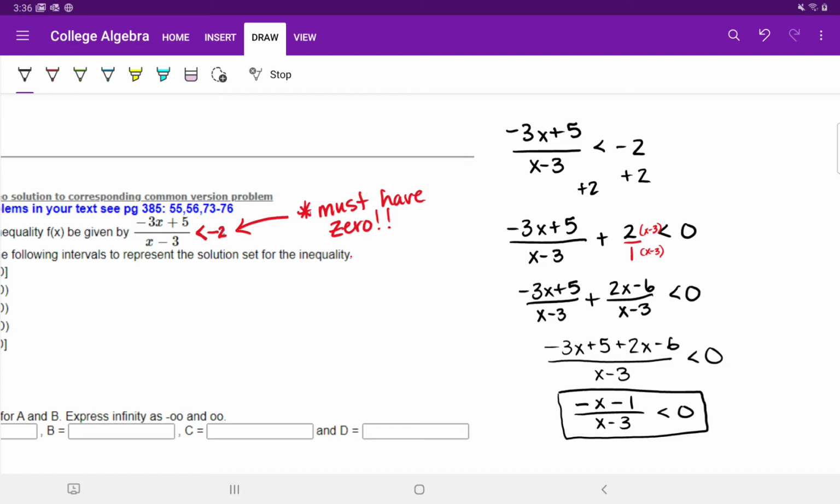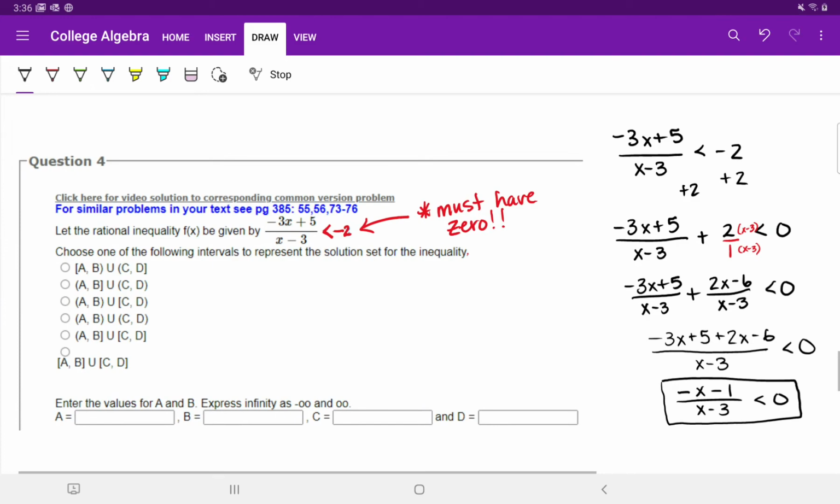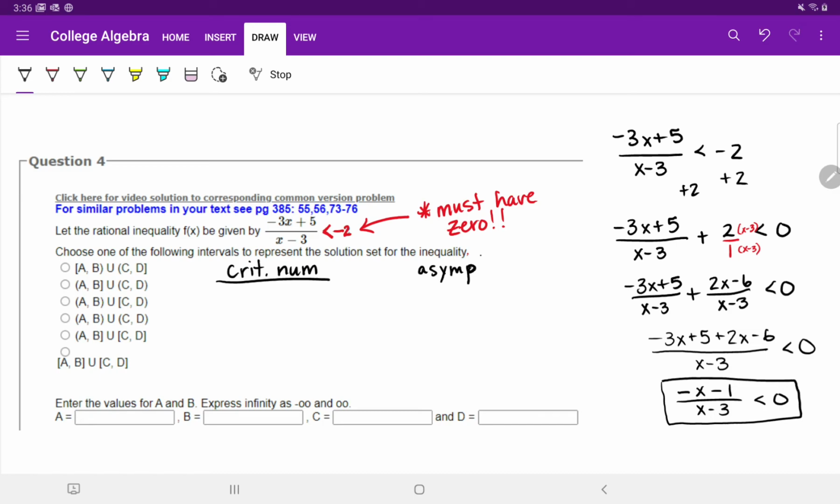These are fun. So our steps are: find the critical numbers, and find the asymptotes. The critical numbers come from the numerator, so -x - 1 = 0, and the asymptotes come from the denominator, x - 3 = 0.